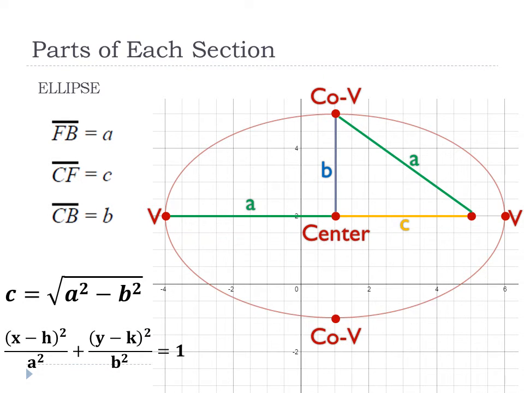Okay. So, we can find A by looking at the graph, in two places. One is the distance between the covertex, the point B, and the focus. Okay, so the distance from the focus to B is equal to A, but also the distance from the center to the vertex is also A. So no matter if it's an ellipse or a hyperbola, you're always going to find that A runs along the main axis, the major axis, sorry, okay?